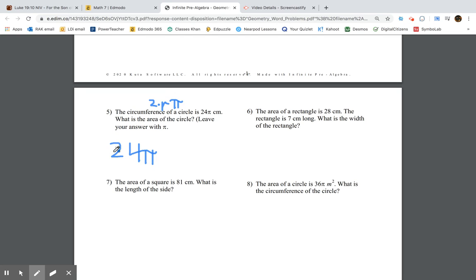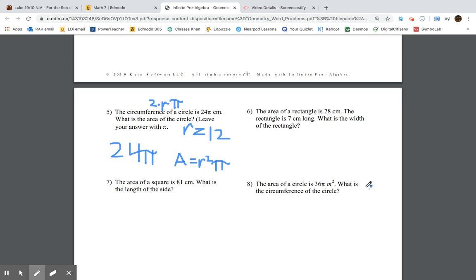So what do we do to undo multiplying? We divide. So that would mean the radius is 24 divided by 2, which is 12. Now we have the radius. How do we find the area? Well, the area is the radius squared times pi. And I'll let you do that last little bit yourself.